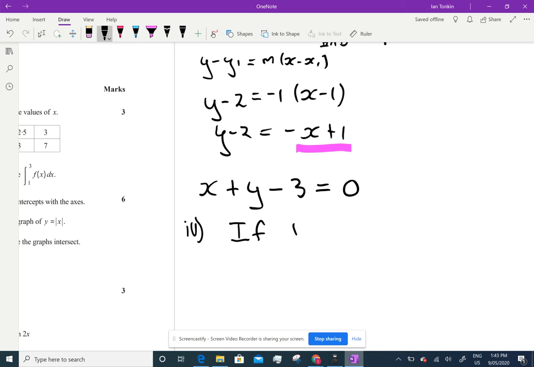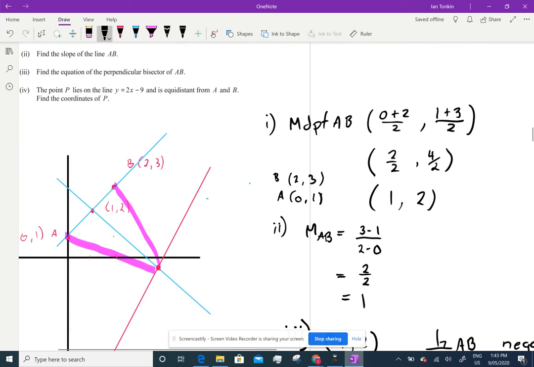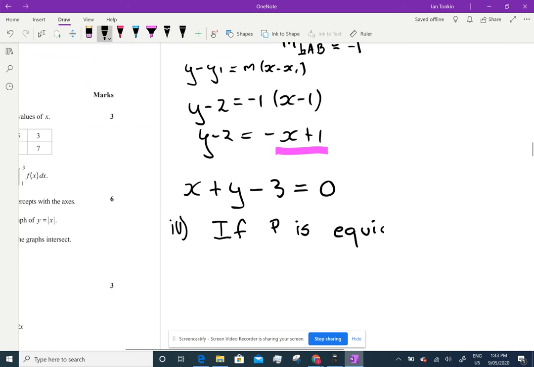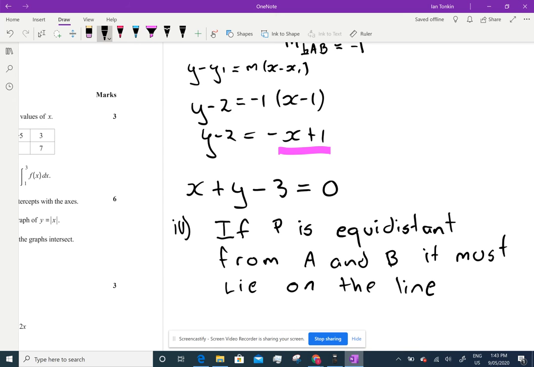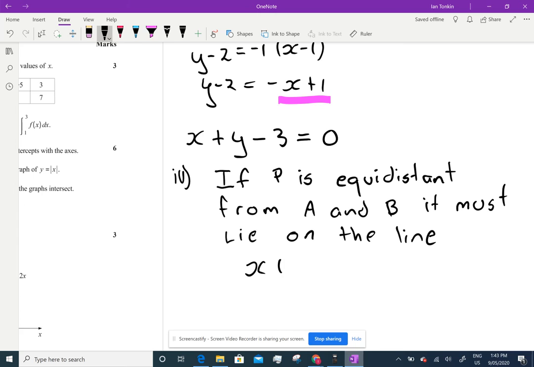If P is equidistant from A and B, it must lie on the line x plus y minus 3 equals 0.